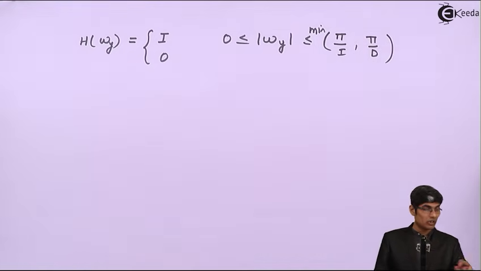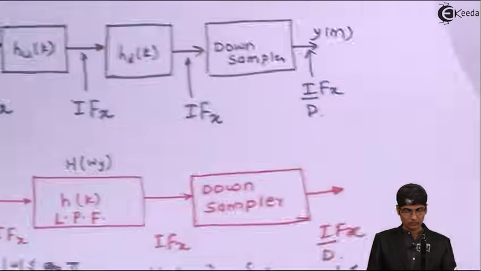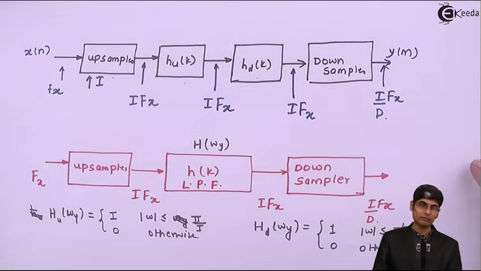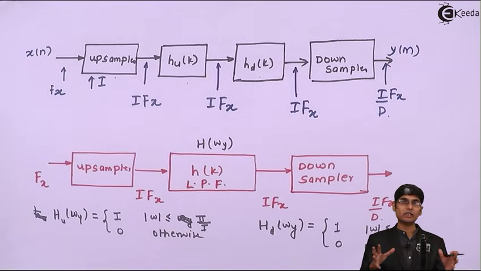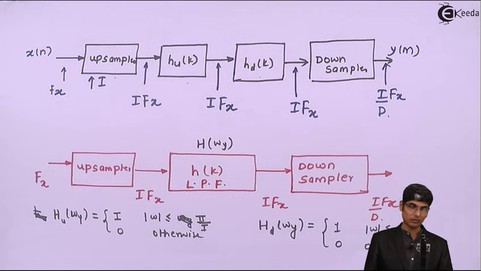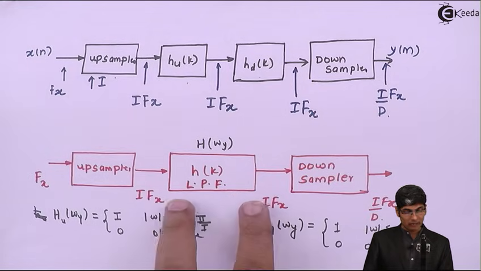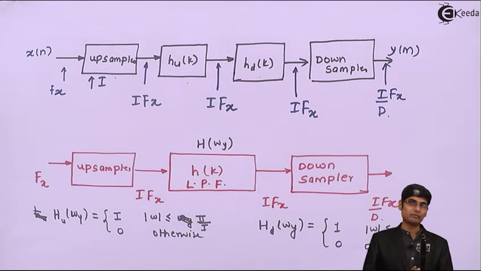If suppose I do an upsampling, after upsampling I am going to get a compressed version of the signal. I will remove the images and I will check what the pass band is.